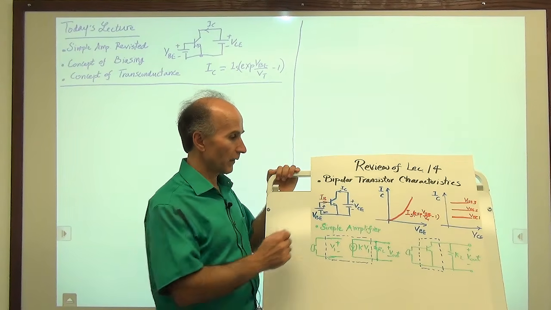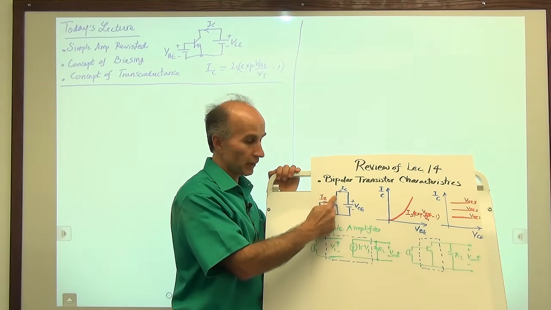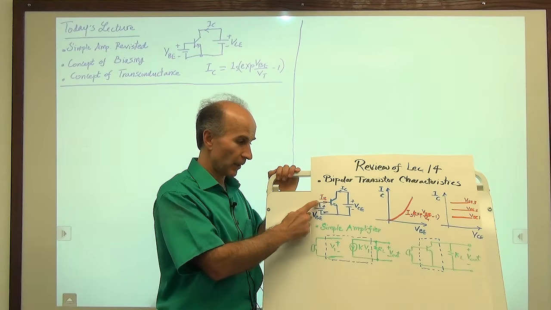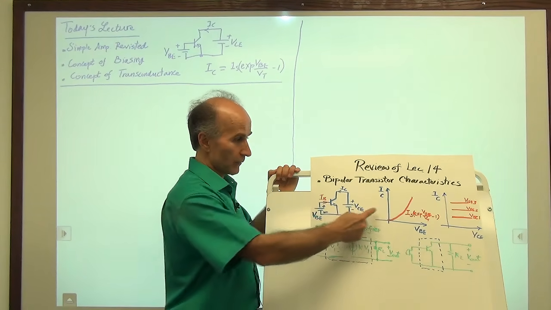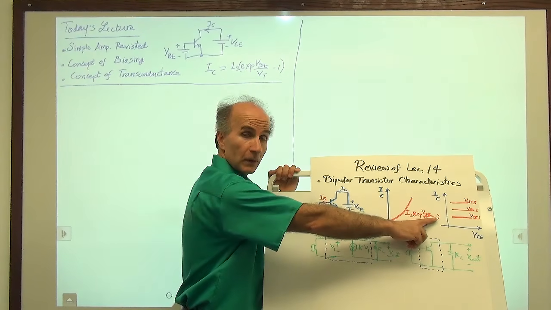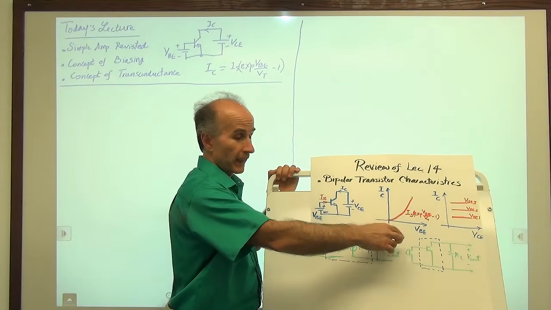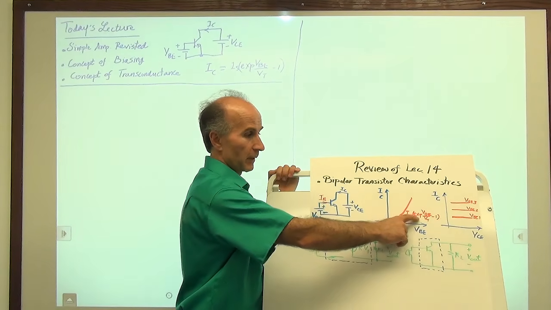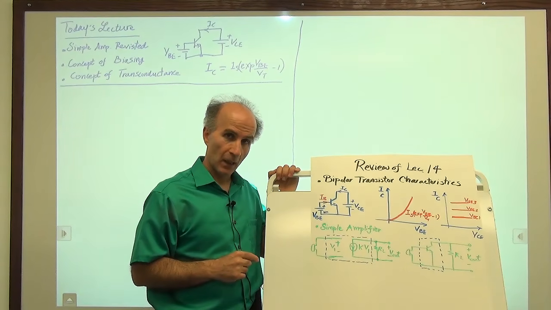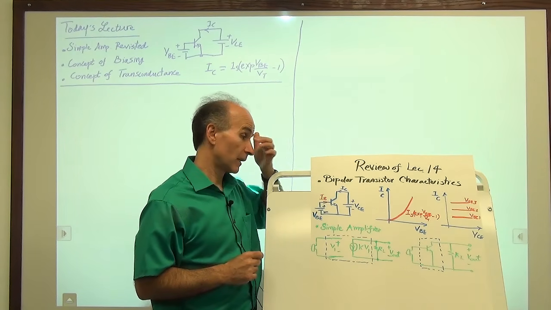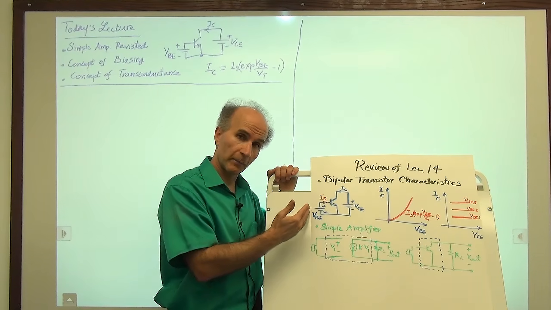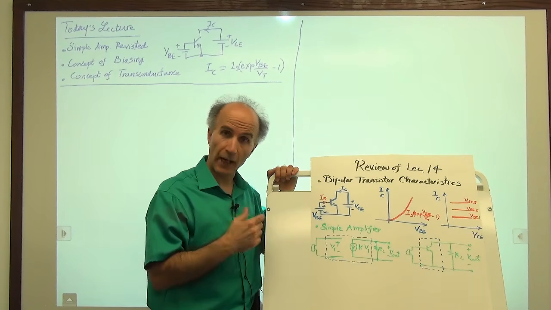So we saw that the collector current that flows has an exponential dependence upon the base emitter voltage, as shown here. Typically this -1 is negligible, so we usually drop it off and we just have Is x e to the VBE over VT for the collector current. So that shows the sharp dependence of the collector current on the base emitter voltage, which is actually useful, as we will see later.